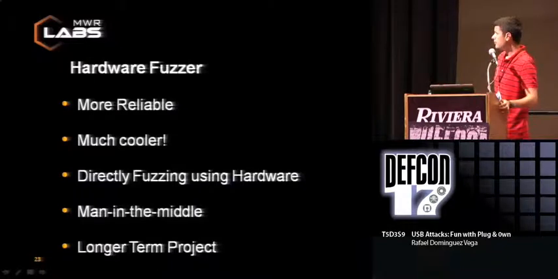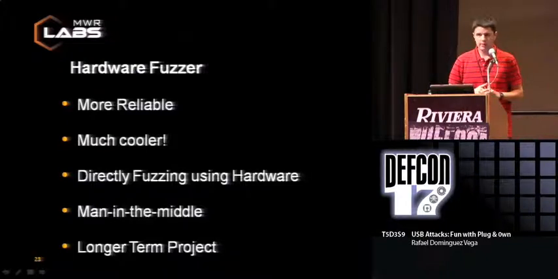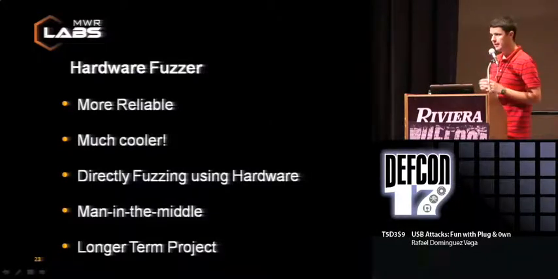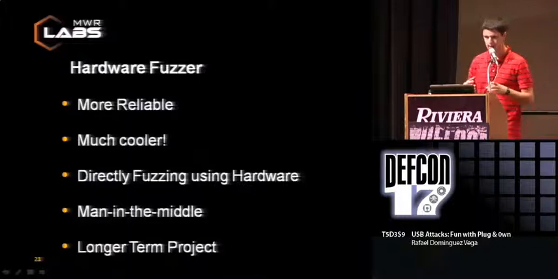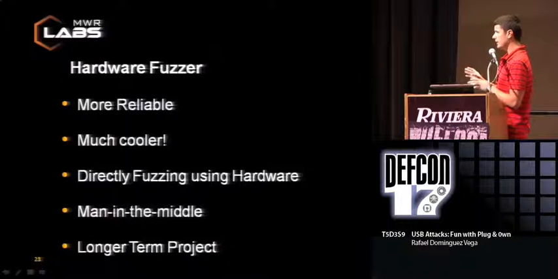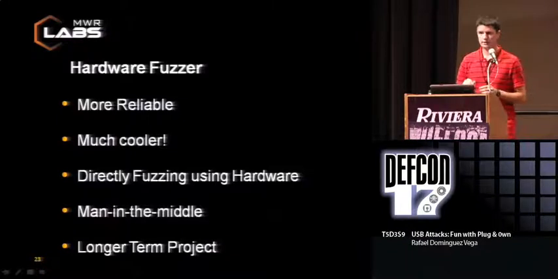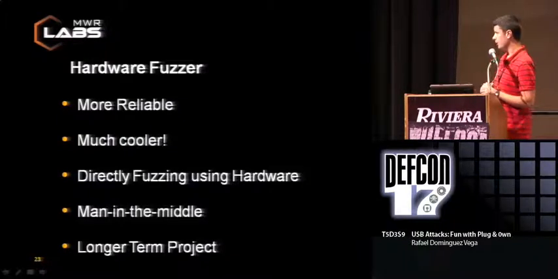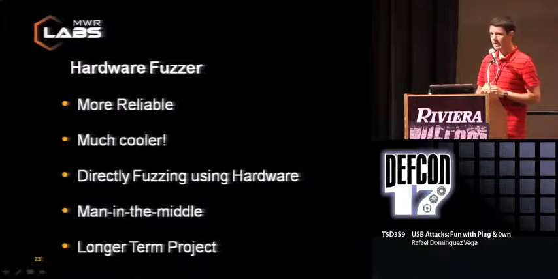So, the third approach, hardware fuzzer. The idea of this approach was to create a hardware device that could be plugged directly into the target system and send malformed data. We didn't get to implement this approach because it's quite a long-term project, I would say, and it requires more than the 2 weeks that we had for the testing.